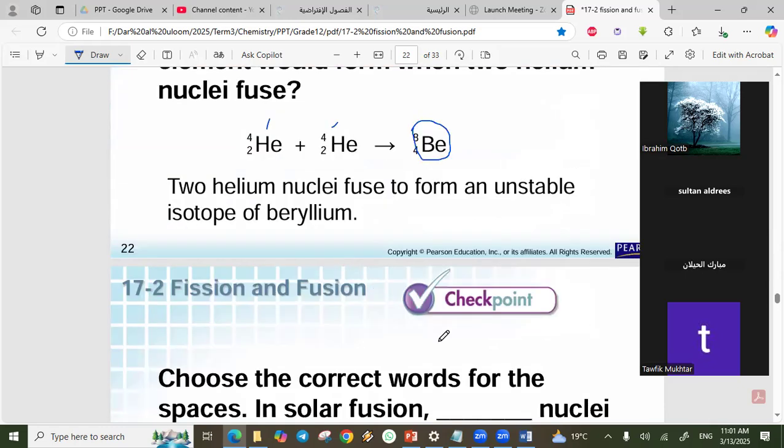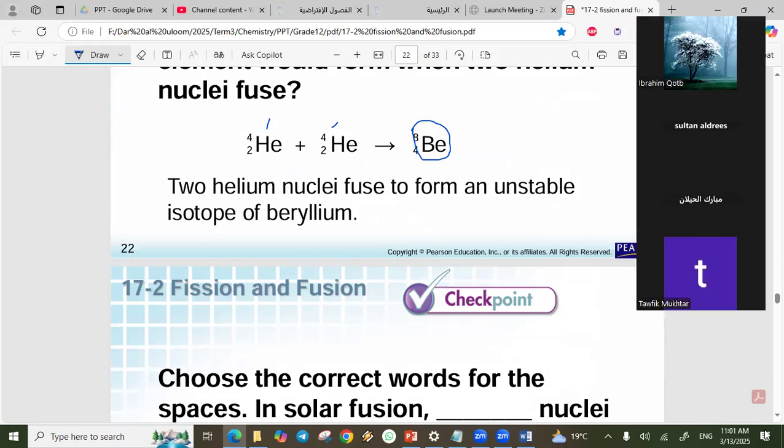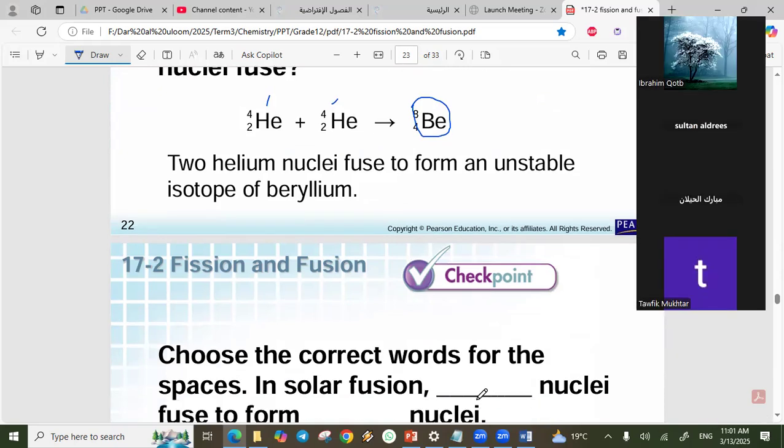Okay. Who can answer this question? Sultan Idris, read. Yes, Mr. Can you complete this in solar? Choose the correct words for the spaces. In solar fusion, what nuclei?